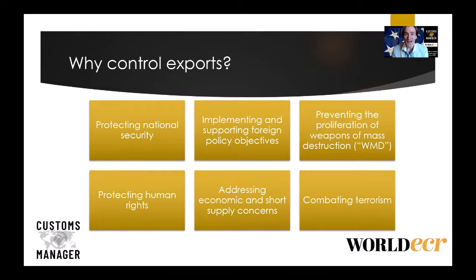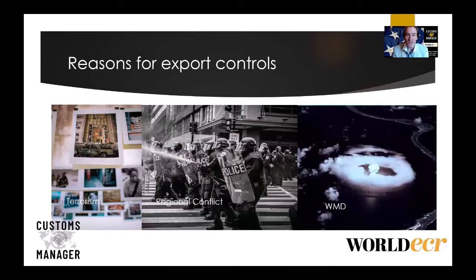We know them as WMD. Also, more and more, protecting human rights, addressing economic and short supply concerns, and of course, a big one, combating terrorism. The reasons for export controls can be summarized in this slide and on these pictures. We don't want any of this, so let's do something about it.